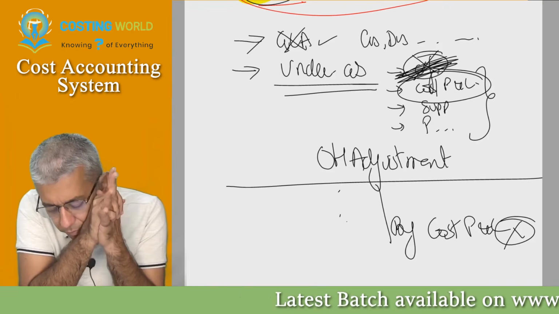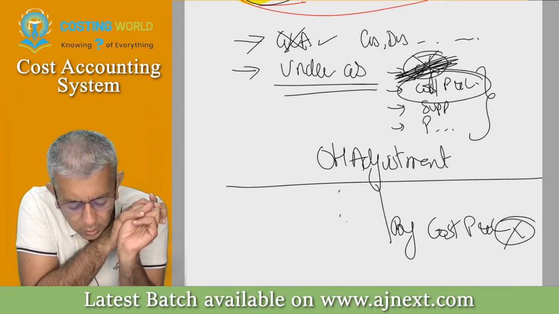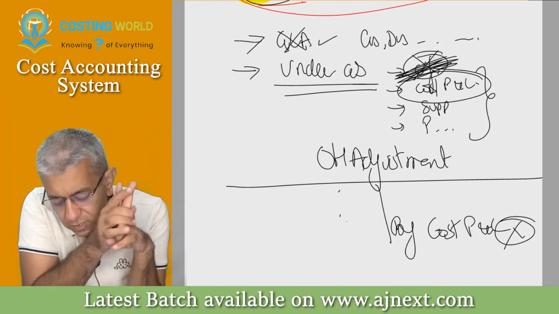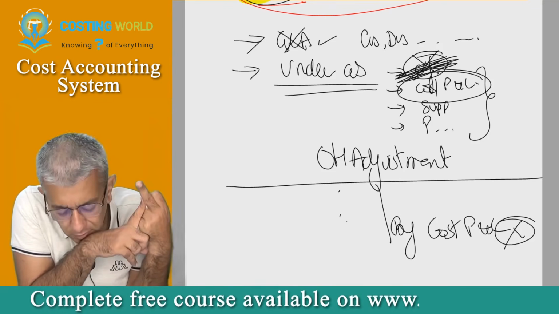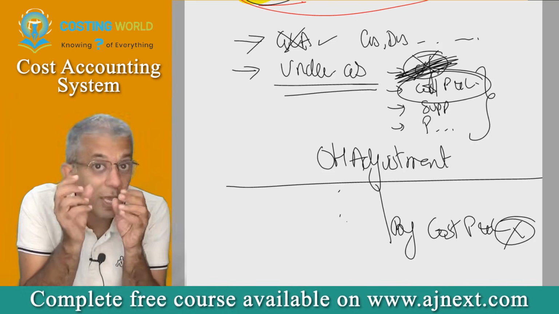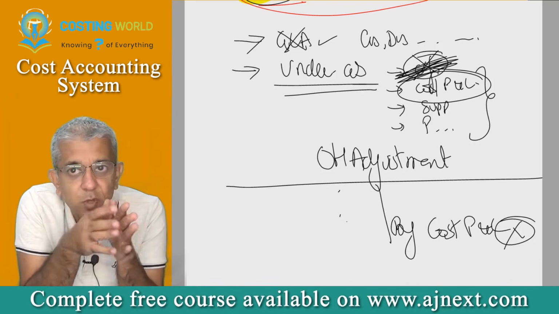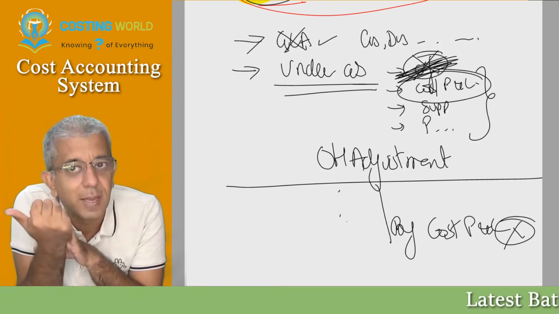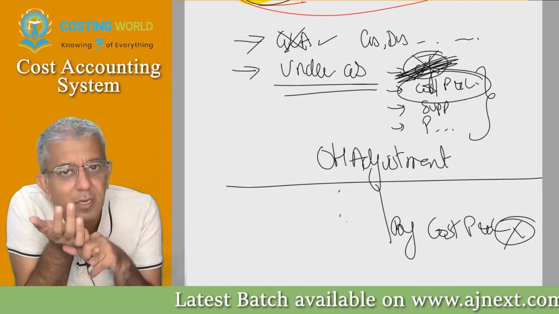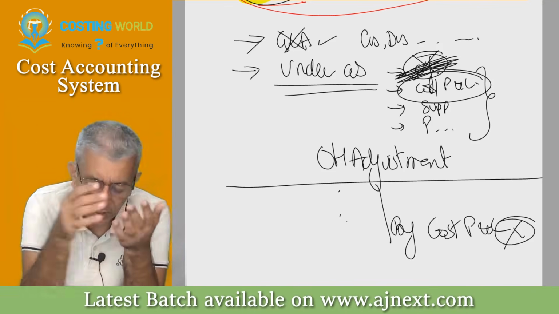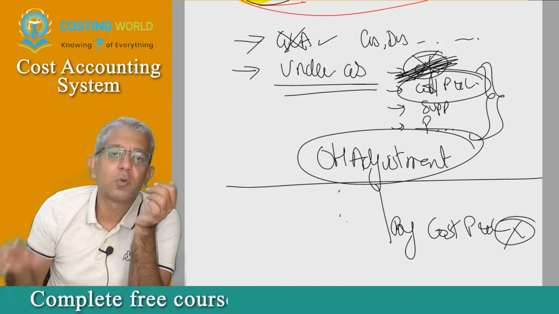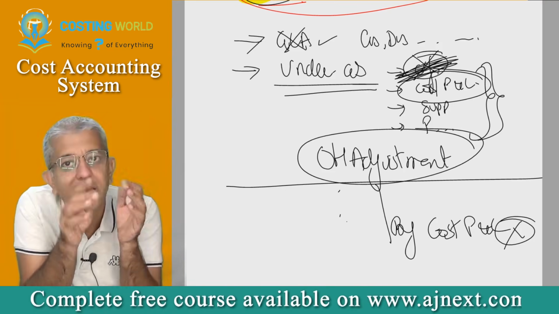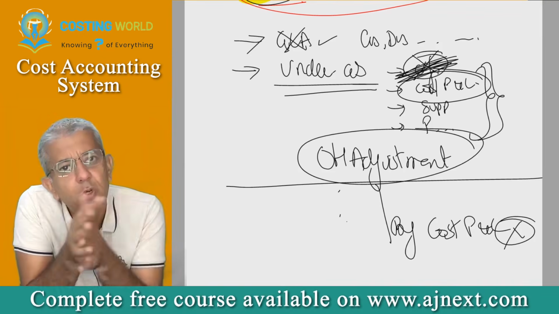Till now I have told two things. First, no GLA account, all actual accounts will be made. Second, under or over absorption cannot be carried forward from now, because then we would have to put it in the balance sheet, and it is neither an asset nor a liability. So you adjust it, and for adjustment you have all other methods. But usually ICA transfers under or over absorptions to the overhead adjustment account, which they close, and then transfer to the costing P&L account.